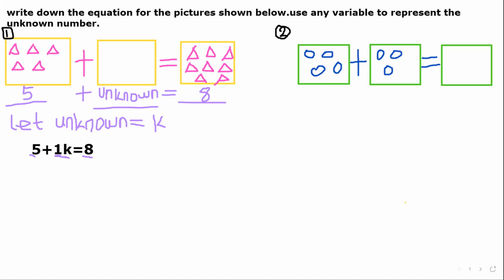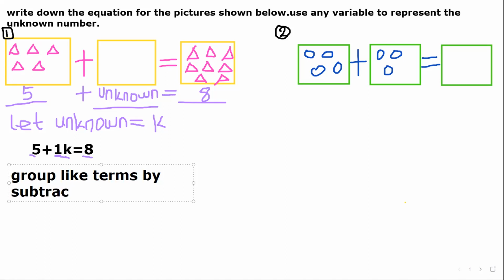Okay, so here you write: group like terms by subtracting 5 from both sides.